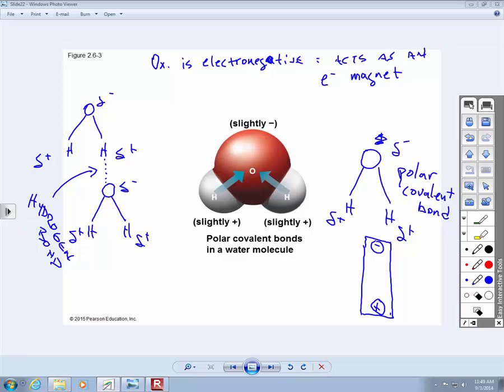You have to have at least two water molecules, and there is an attraction of one end of one water molecule to the other end of the other, the hydrogen of the first molecule to the oxygen of the second molecule. And that is a very weak bond, very easily broken.